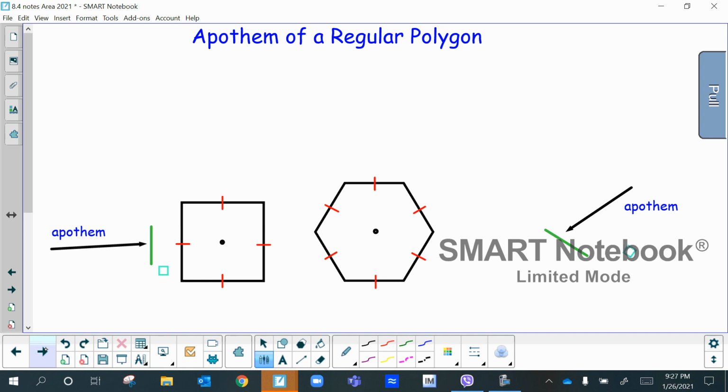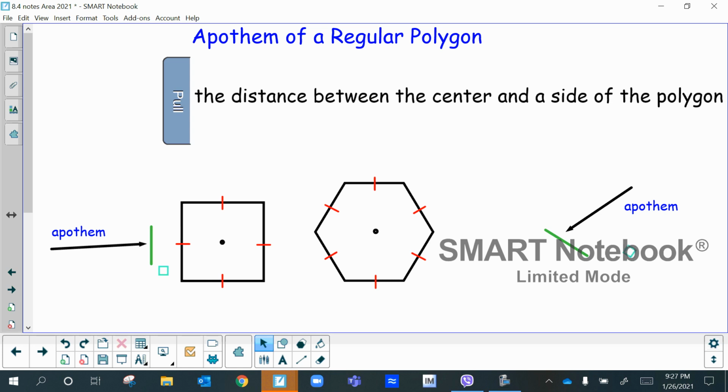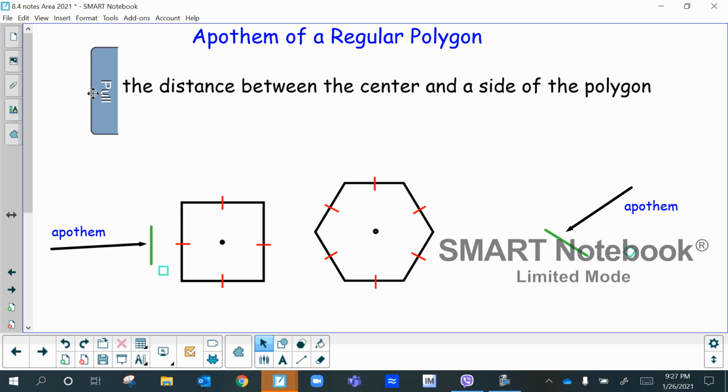There's another term called an apothem, however you want to say it. This is going to be only of regular polygons. Here's a definition. It's the distance between the center and the side of the polygon, and that's the perpendicular distance. So there's the center of the polygon, that green segment. It's obviously going to be perpendicular.